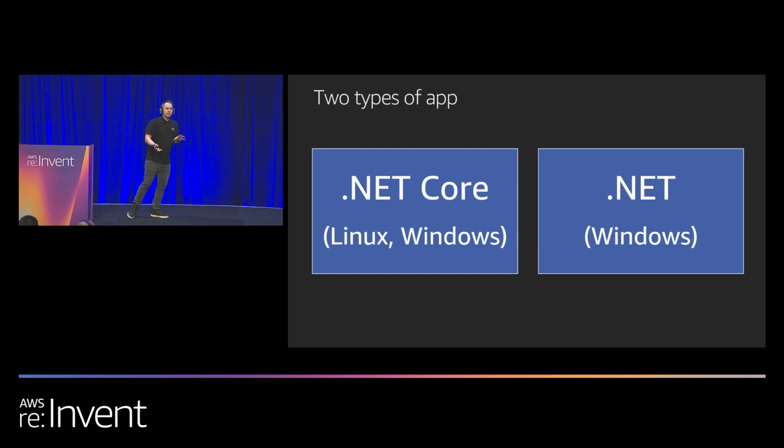Now, if you're building .NET, you're probably building one of two types of .NET. You're either building .NET Core or you're building .NET Windows. How many people are building .NET Windows? And how many people are building .NET Core? Still, .NET Core is actually ahead there, which is cool. But it means that there are still quite a lot of people using .NET in legacy applications.